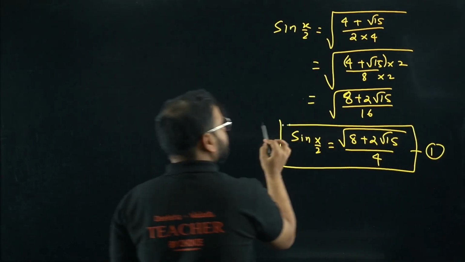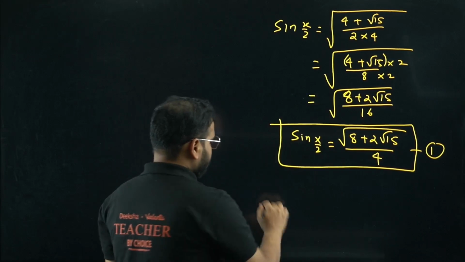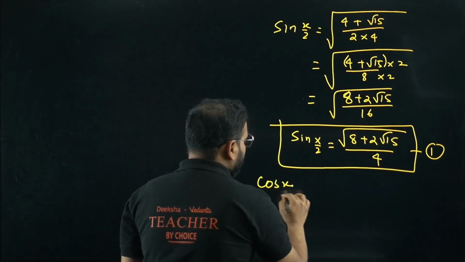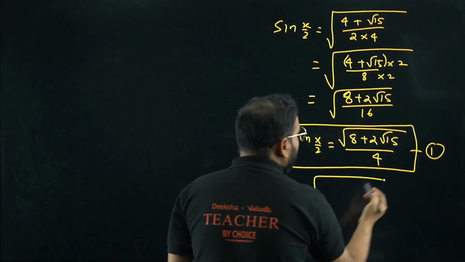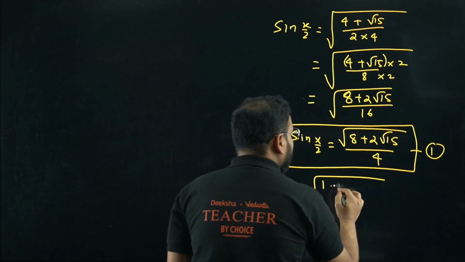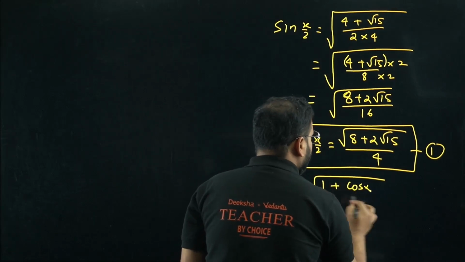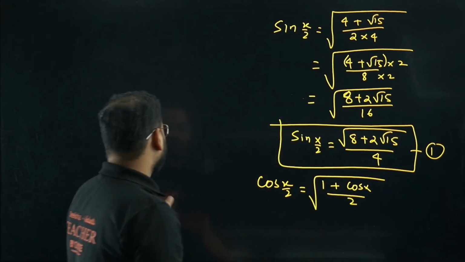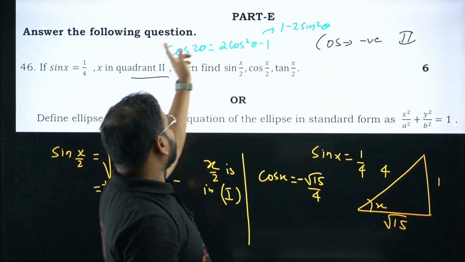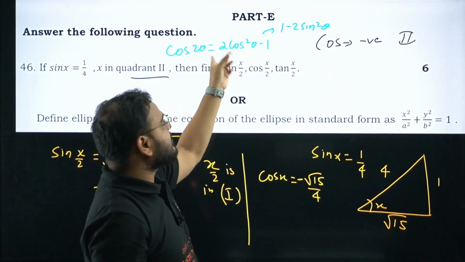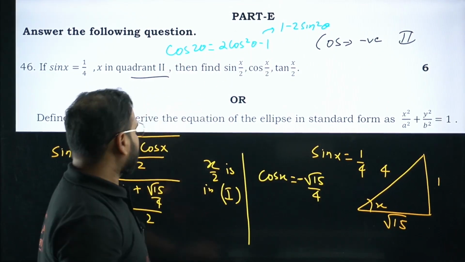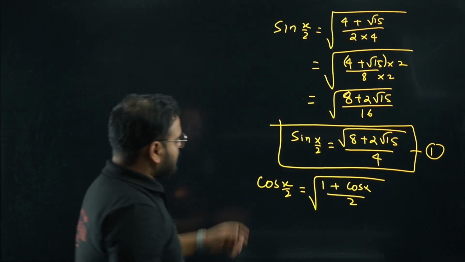First result is done. Okay, let's move on to cos now. So cos of x by 2 will be simply given by, remember, the same formula but with the plus sign now, 1 plus cos x by 2, right? From here, sir, if you bring this, this side will become 1 plus cos, no? That's why 1 plus cos x by 2 under root. Okay, so put the values now.